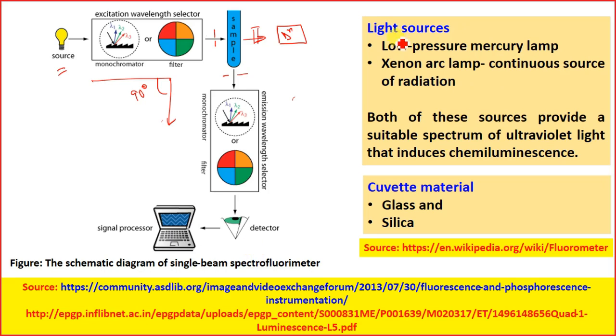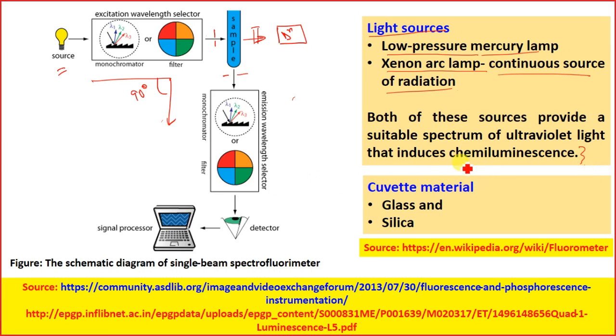Then light sources: in this case a low pressure mercury lamp or xenon arc lamp, which is a continuous source of radiation, is used. Both of these sources provide a suitable spectrum of ultraviolet light that includes chemiluminescence.